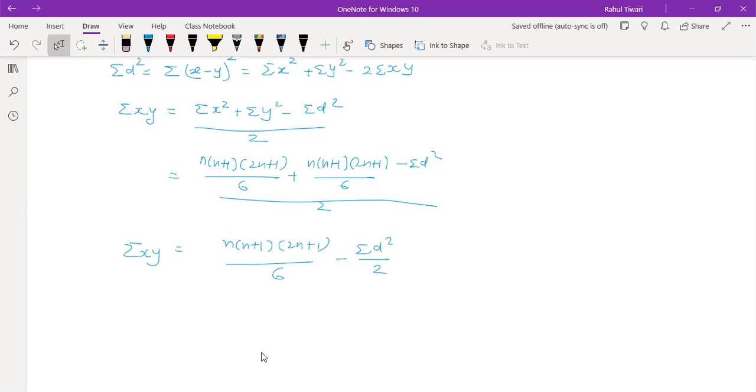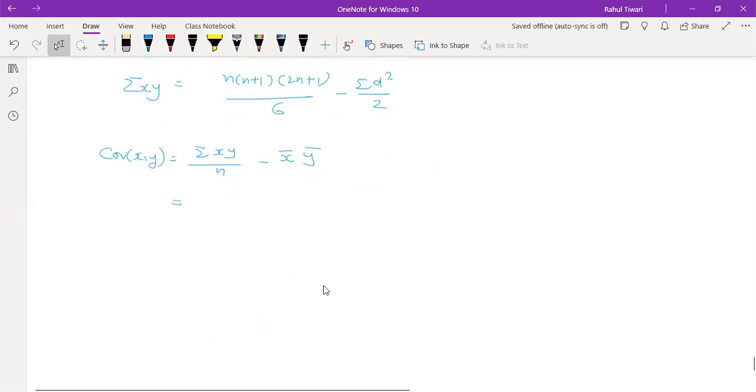So now what is your covariance? Covariance between x and y is nothing but summation xy upon n minus x bar y bar. What is summation xy? This formula. Okay. So we need to substitute that formula. So n plus 1 into 2n plus 1 upon 6, divided by n. I'm just not dividing, I'm just simply writing it by total. Minus x bar y bar.